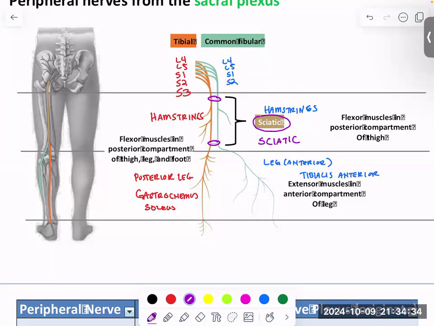The sciatic nerve is made of the tibial and common fibular nerve here at the thigh. Why? Because they work together. And then they split up when they get at the knee. As simple as this.